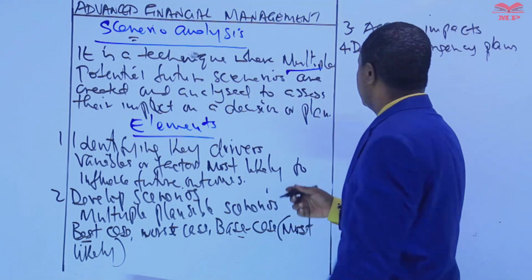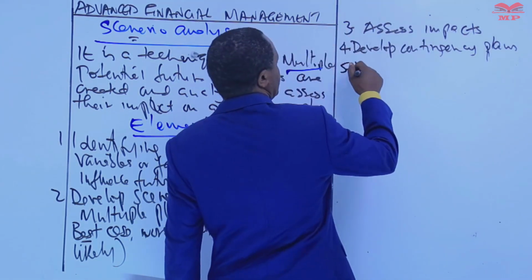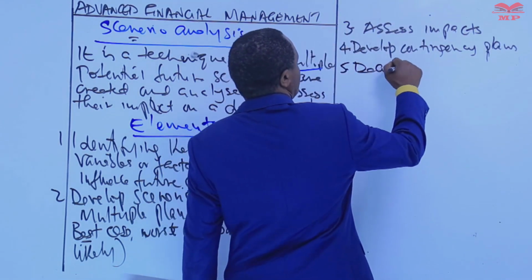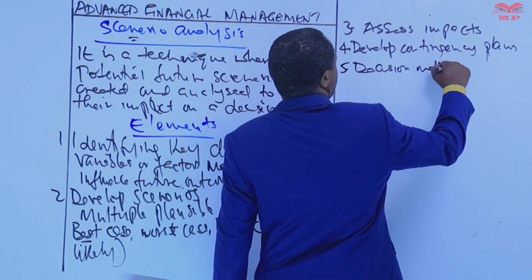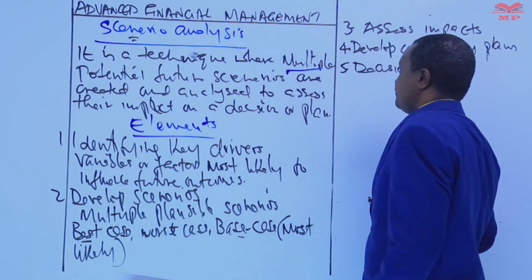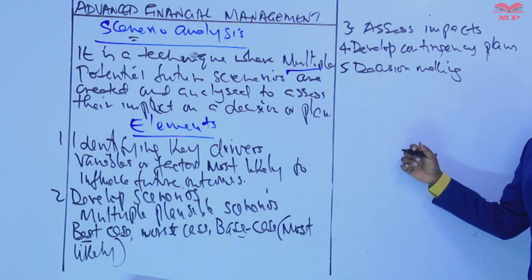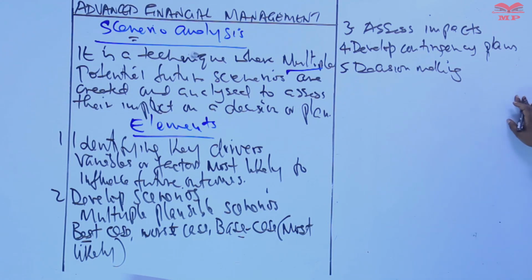Number 5 is decision making. That's the 5th element in scenario analysis. Now, the insights from scenario analysis inform decision making by providing a more comprehensive understanding of the potential outcomes and also the associated risks.